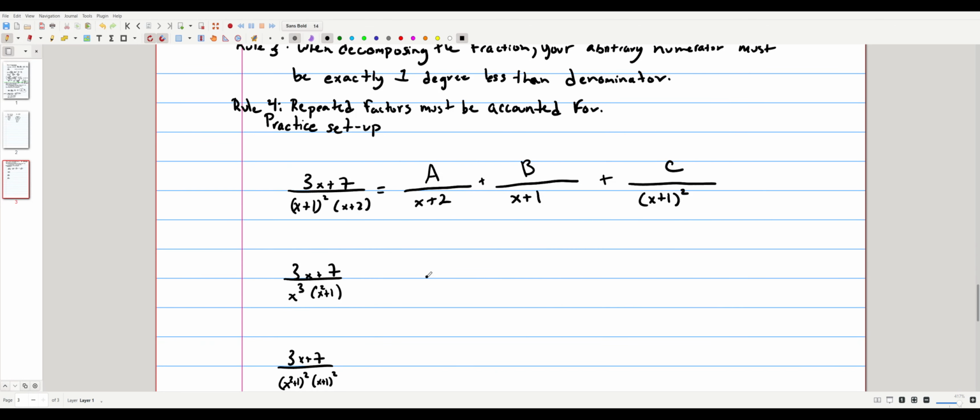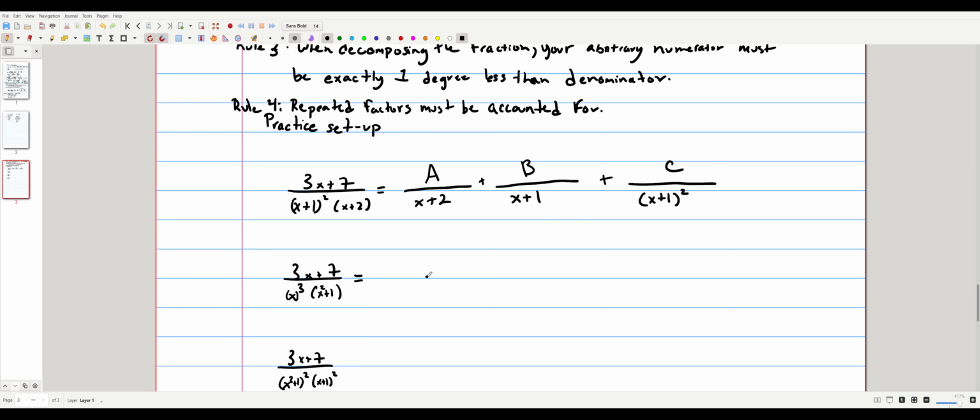All right, let's go down to the next one. So is the fraction proper? Well, the degree of the top is 1, the degree of the bottom is 3 and 2, so 5, so yes, it's proper. The next thing we want to make sure is, is everything factored as much as it can be? Well, yeah, we have x cubed, which is just x times x times x, and x squared plus 1.